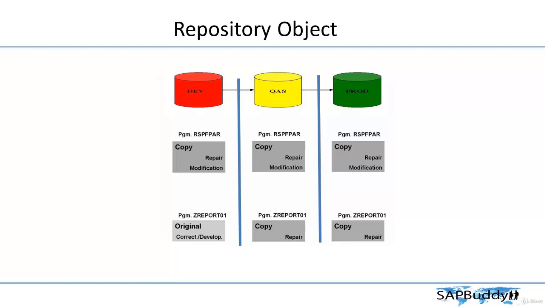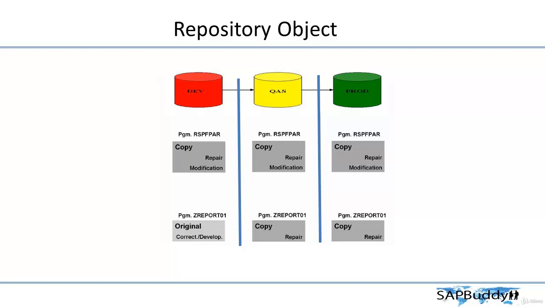When you repair the SAP objects, that will be referred to as a modification. In the same way downstream, in the quality as well as the productive system, changes to a standard SAP program will be referred to as repair and modification.